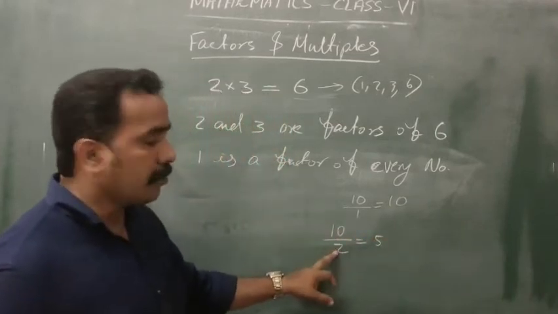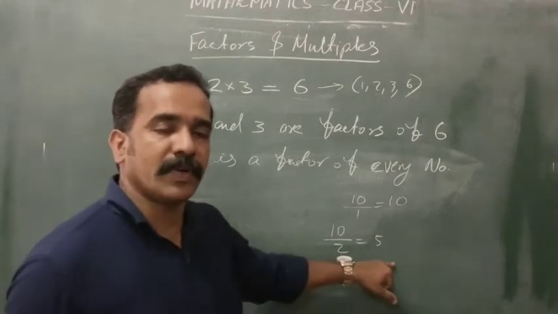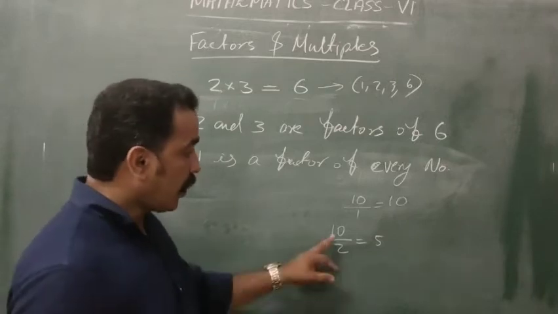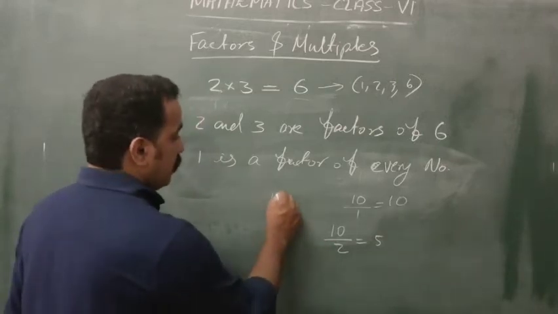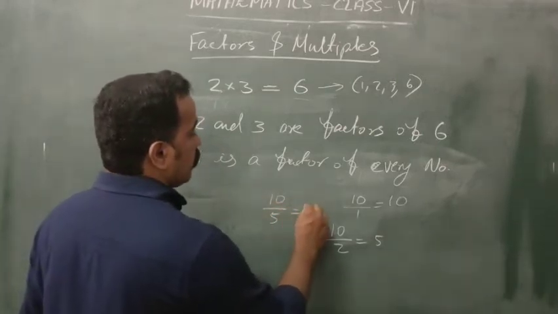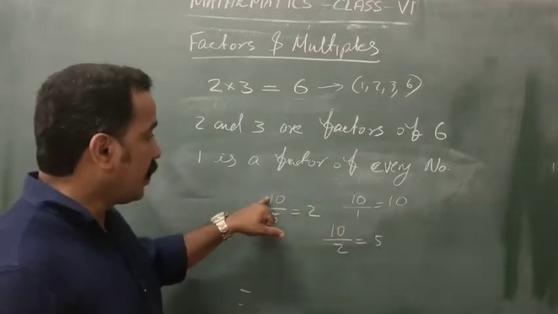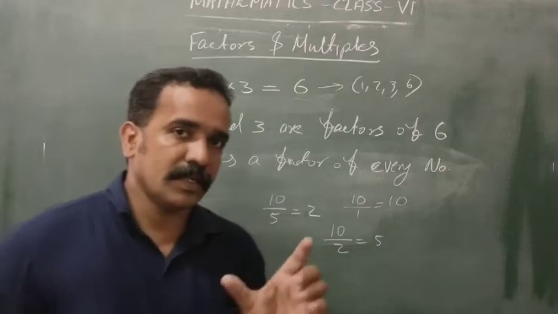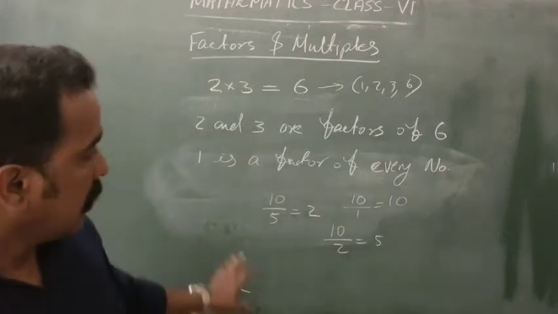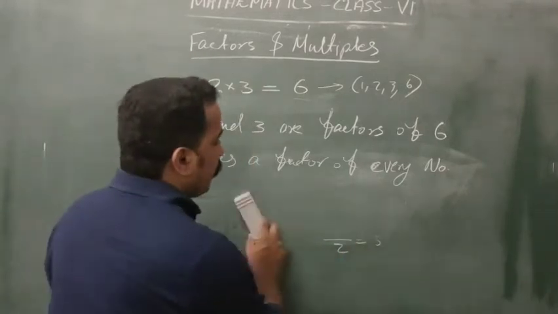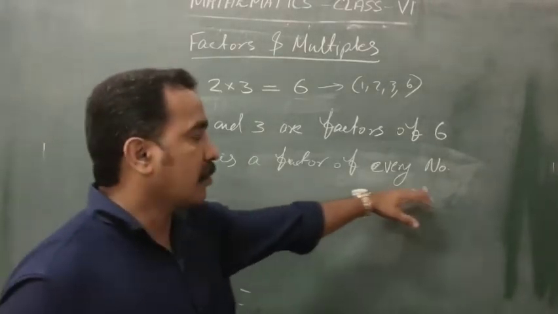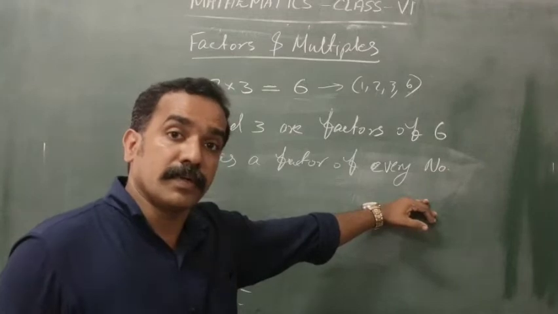We can divide 10 by 2 completely. We will get 5. So 2 is a factor of 10. And 5 is a factor of 10. 10 divided by 5 is equal to 2. That means we can divide 10 by 5 completely. That is another simple definition of factor. So the first property of factors: 1 is a factor of every number.